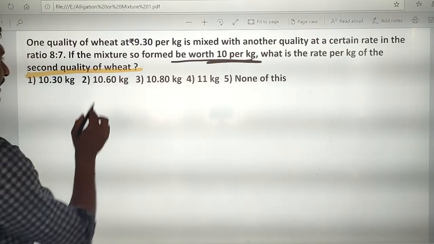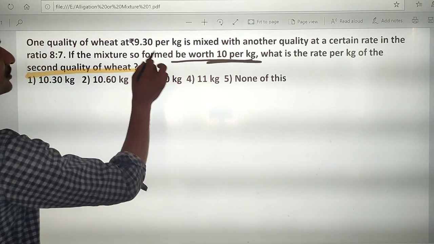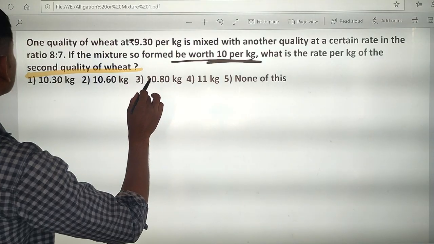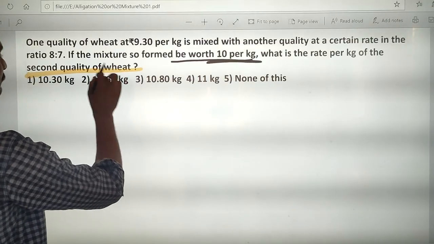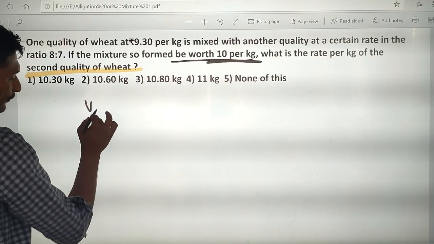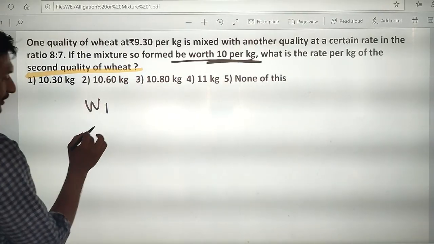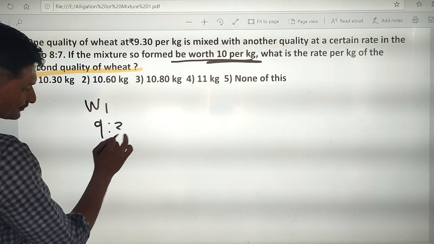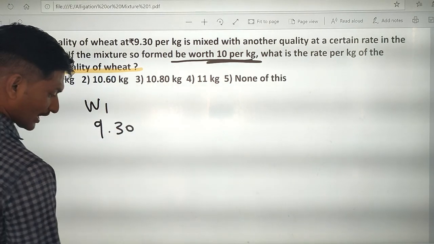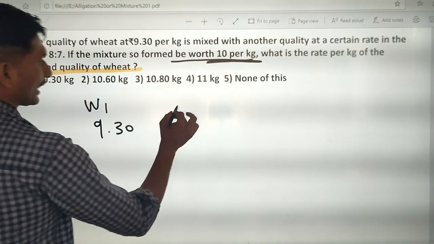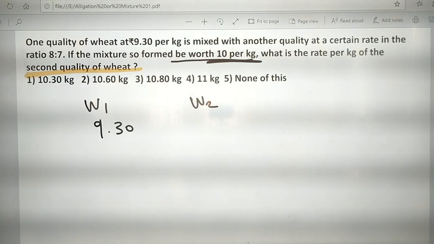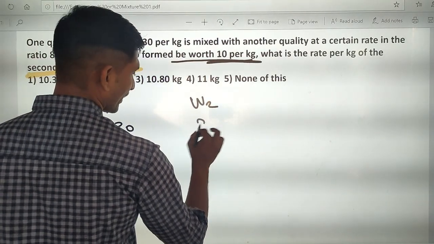Now here we write first quantity of wheat and second quantity of wheat. Wheat 1 price is 9.30 and the price of the second wheat is x.